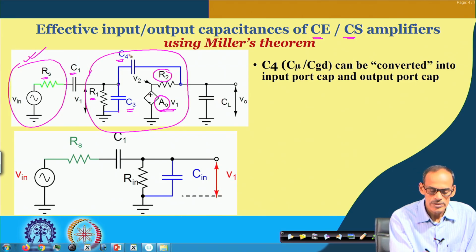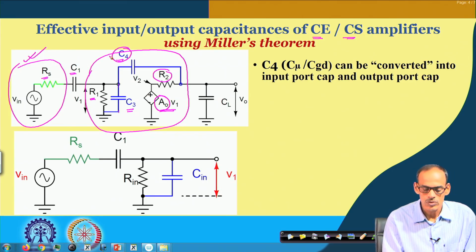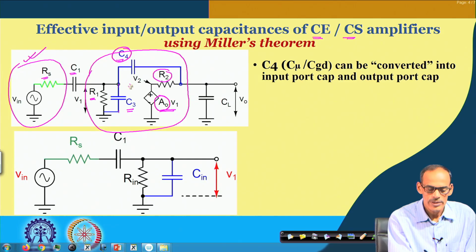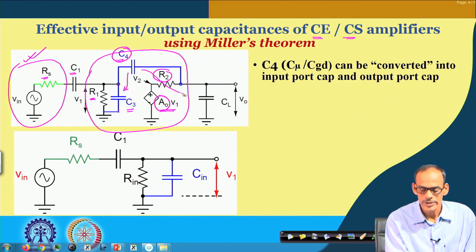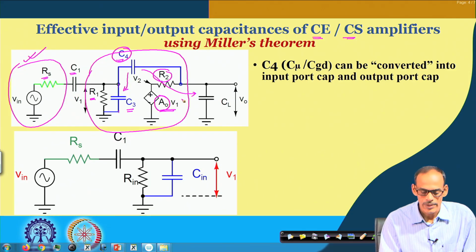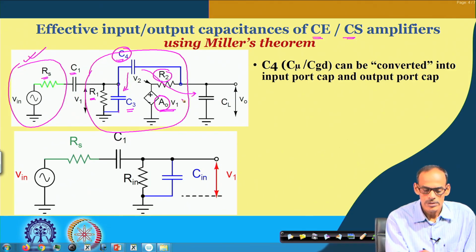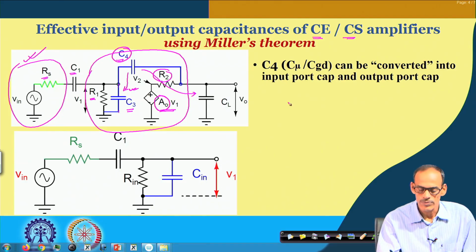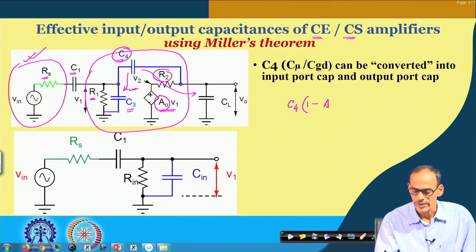So, this capacitor, it can be converted into two equivalent capacitances. One is for the input port, the other one is for the output port. And then the input port part coming out of the C4, it is what we said is that C4 multiplied by 1 minus AV, or in this case AV is equal to VO.